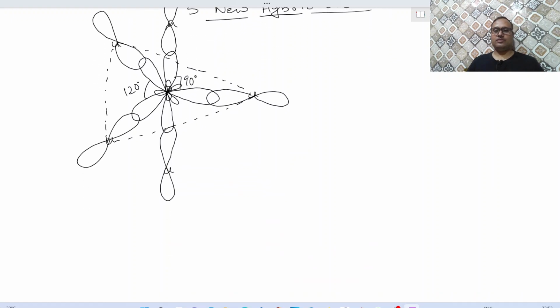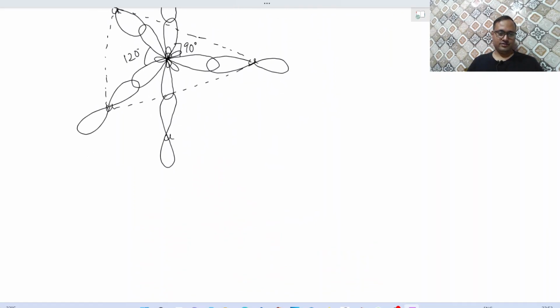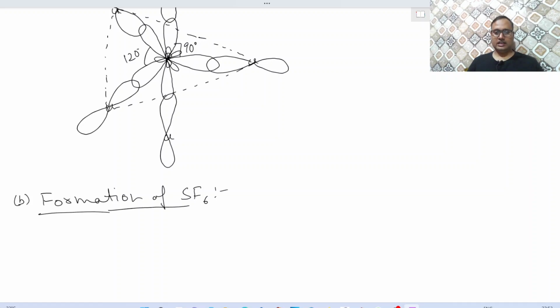The second example involving the d orbital is the formation of SF6, and this involves sp3d2 hybridization.